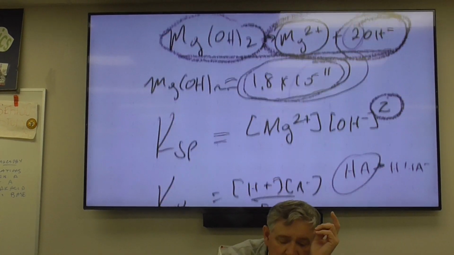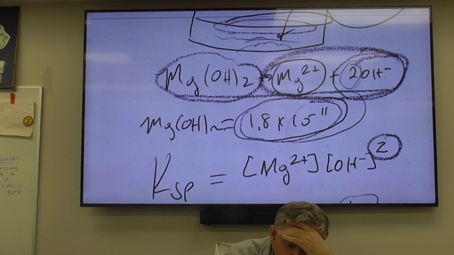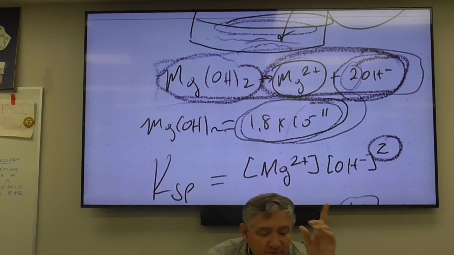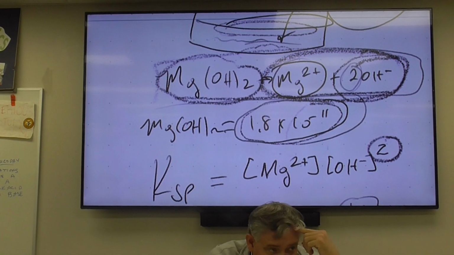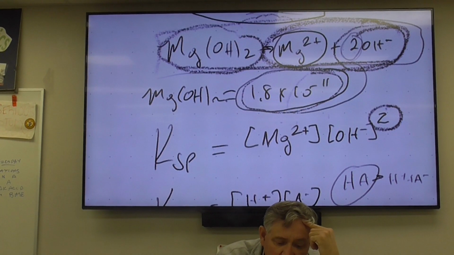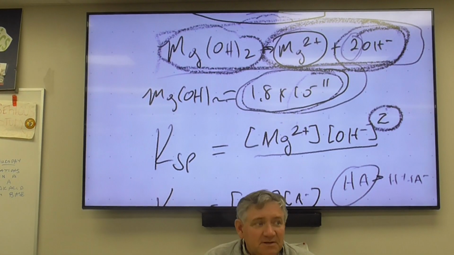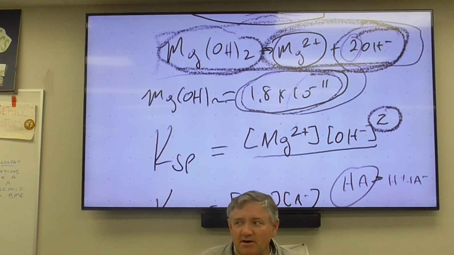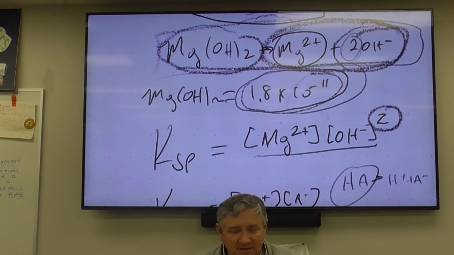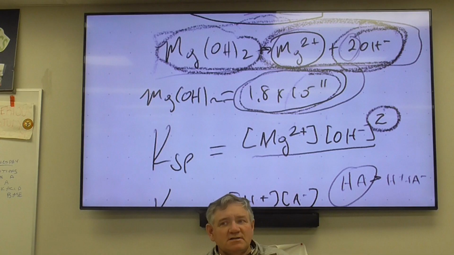Okay? Now, if you look at this reaction, it's products over reactants. So this is my magnesium ion concentration times my hydroxide ion concentration. Now, I need to divide it by the reactants, but here's the beauty of this. Mg(OH)2 is a solid precipitate. We don't have to worry about it because the magnesium hydroxide is a solid.